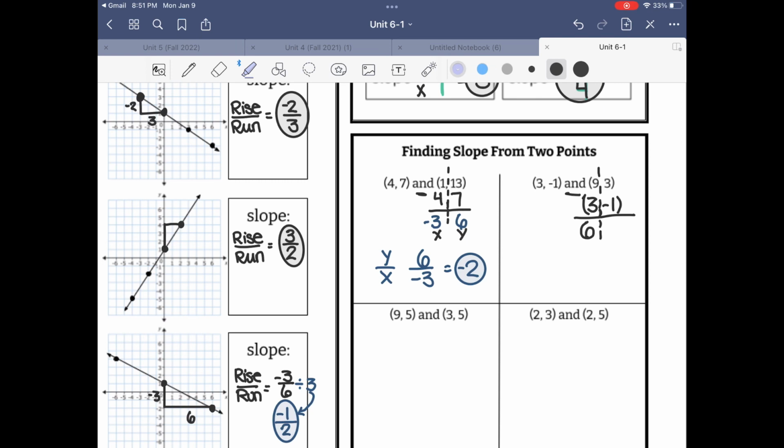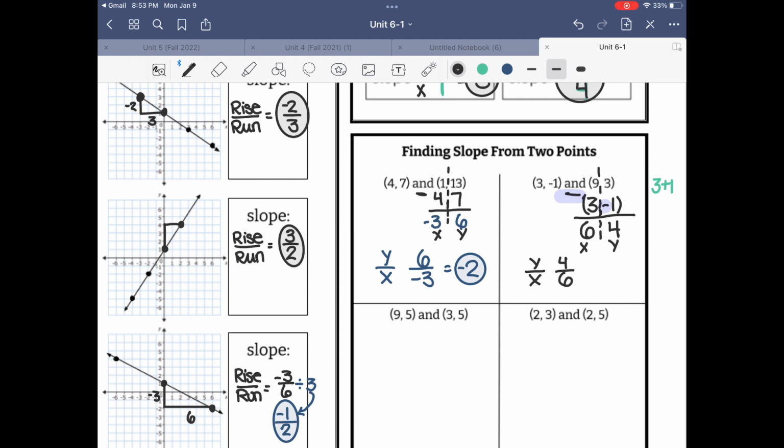When you subtract a negative, what happens? It turns into addition. So this is really 3 plus 1, which is 4. Then I have to set up my fraction for my slope. X is 6, y is 4. Since my slope is always y over x, it's going to be 4 over 6.